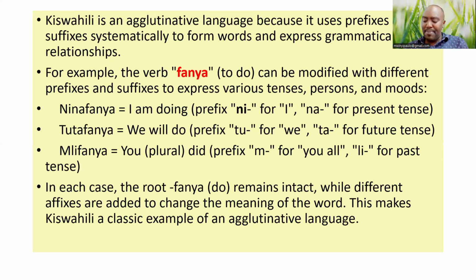Let me show you an example for you to understand what we're talking about: the affixes, the prefixes, infixes, and the suffixes. Let me use a very simple verb, and the verb is fanya.